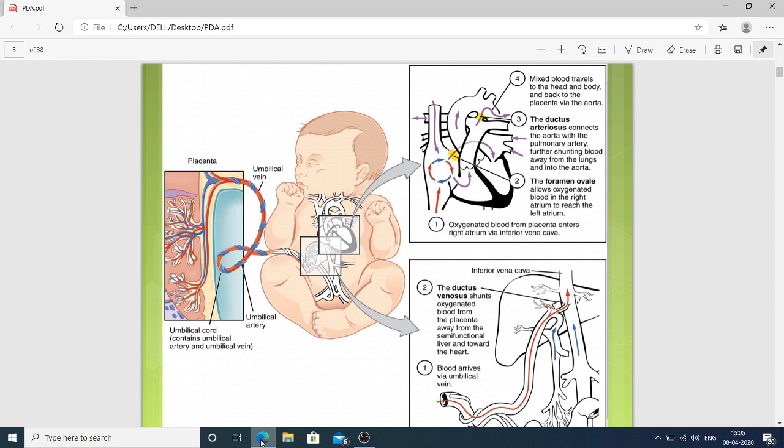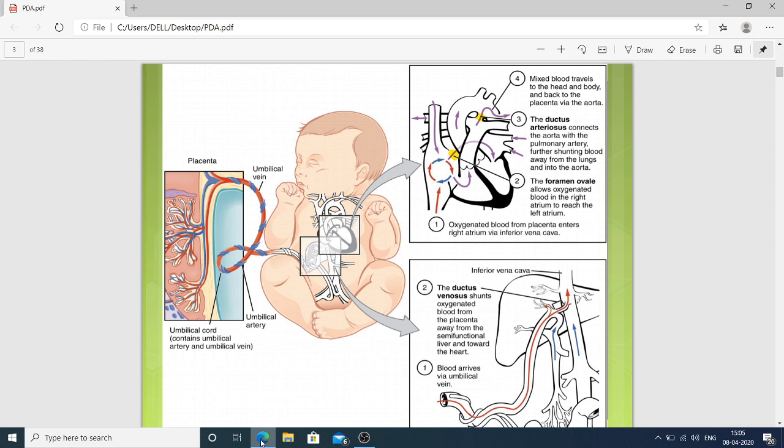The functional closure of the ductus arteriosus usually occurs spontaneously during the first 10 to 15 hours after birth, and permanent closure occurs within 5 to 7 days in most infants, but may take up to several weeks also.